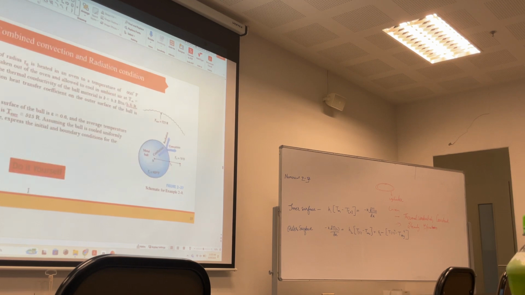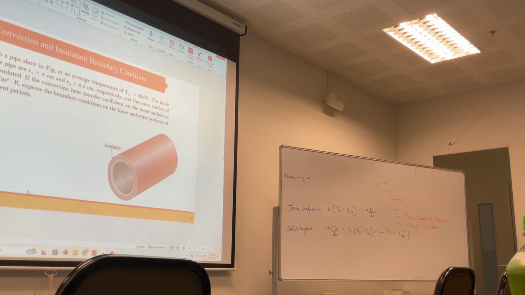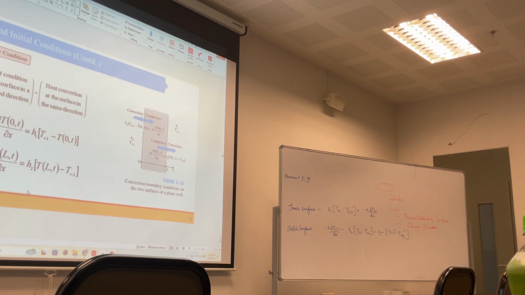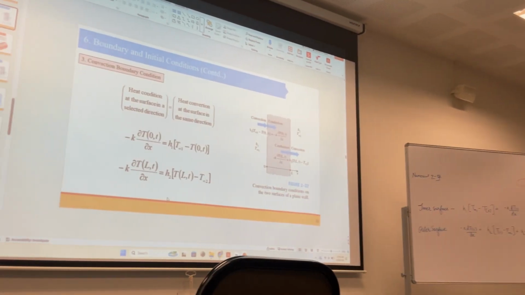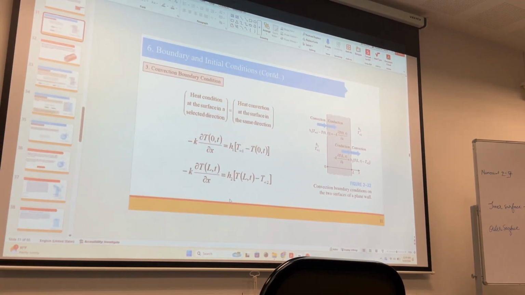two boundary conditions. First is this convective boundary condition. Understand? Convection is happening from inside the house to the wall.